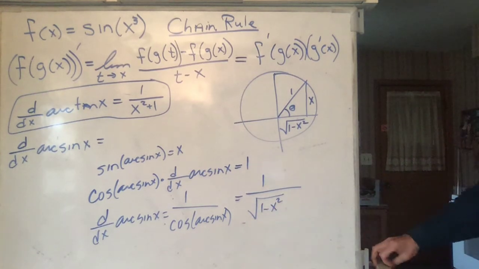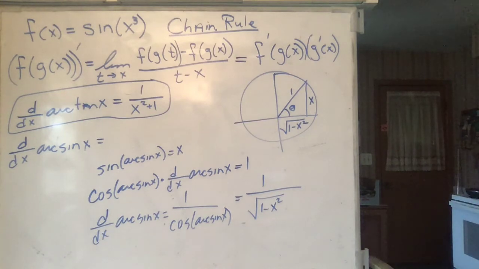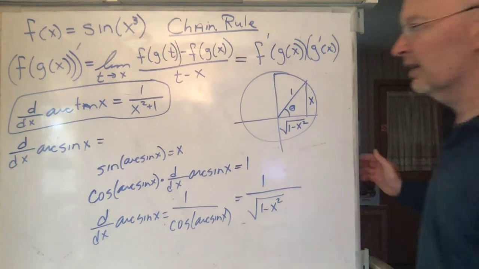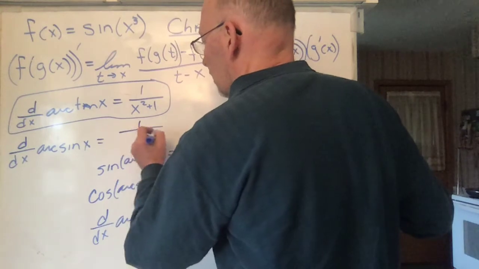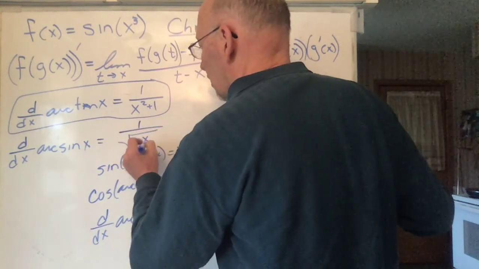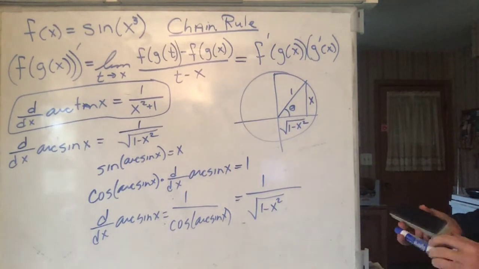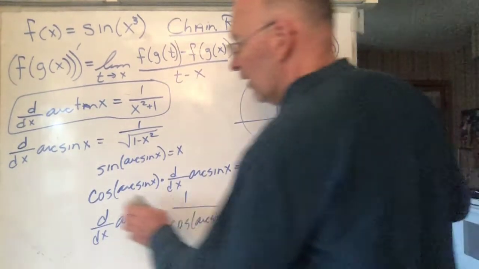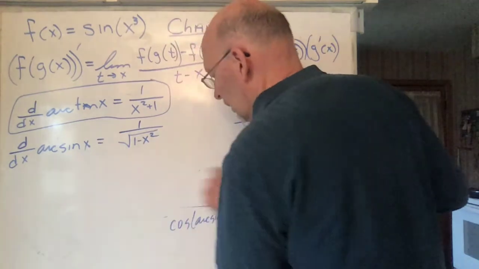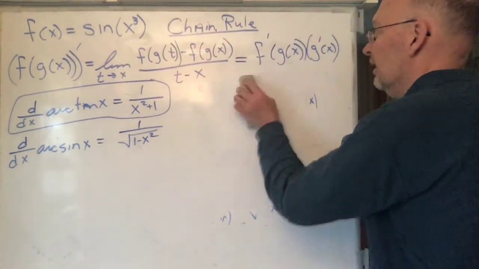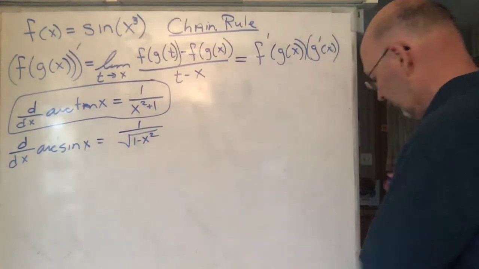So there it is right there. So there is the derivative of the arcsine. Like so. So that's basically all the derivatives you need for calculus. And you can get everything you'll need from those.